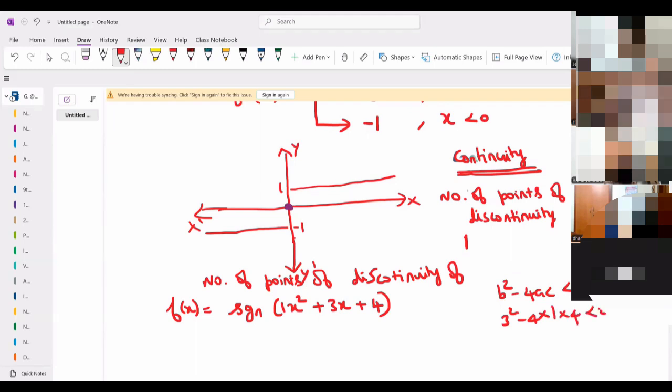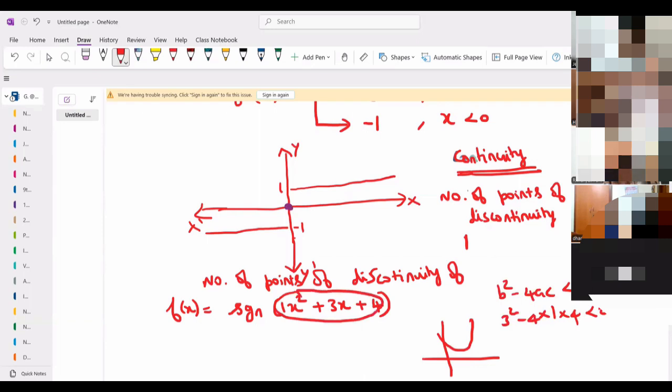If a quadratic does not have real roots, it's having a negative discriminant, and also you can see the leading coefficient is positive. So graphically, it's always going to be greater than 0 because the leading coefficient is positive, no? Understood how the graph will come out to be? Yes, sir. That means this value is always positive.